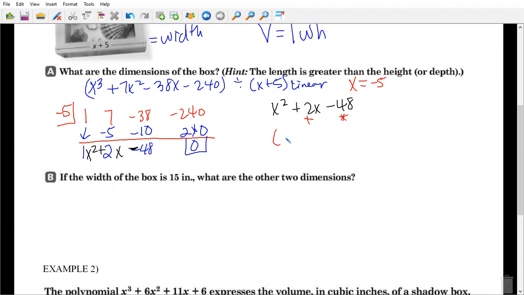Positive 8 and a -6. Agreed? So the hint says my length is greater than my height. So that means my length has to equal x plus 8, and my height has to equal x minus 6.